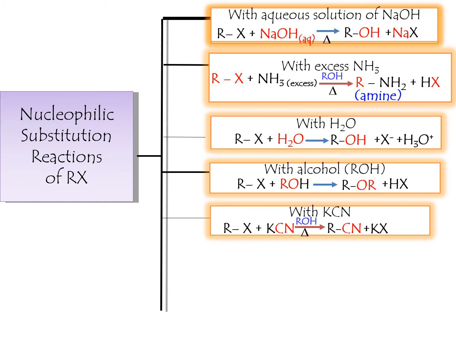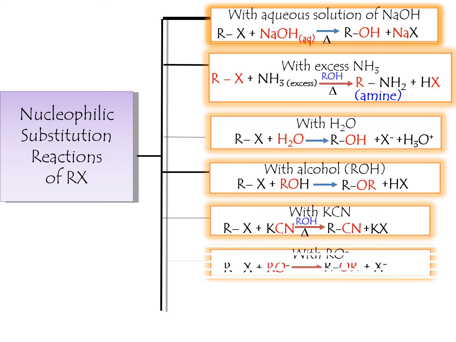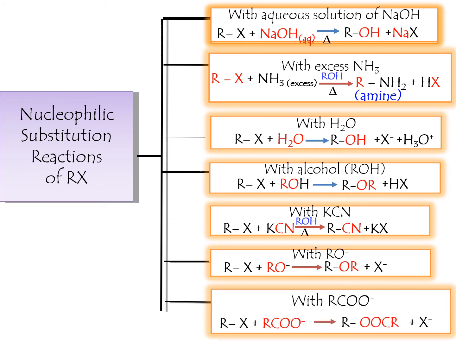The nucleophile is CN-. Reaction with alkoxide ion RO- from a salt will produce an ether. When haloalkanes react with carboxylate ion RCOO-, an ester RCOOR will form.